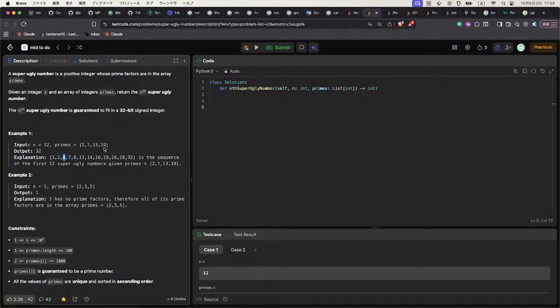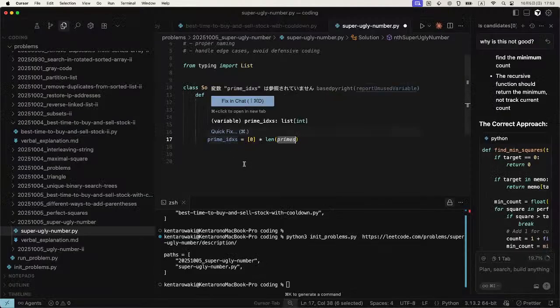So the new candidates are 16, 28, 26, and 19, and the minimum number is 16, so we append the 16. Okay, this is perfect.